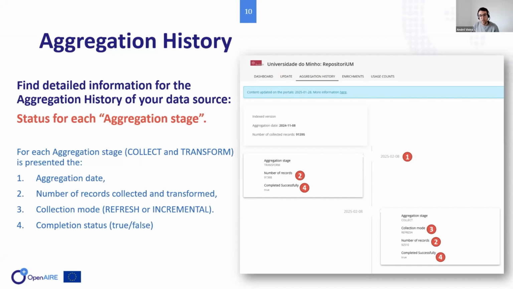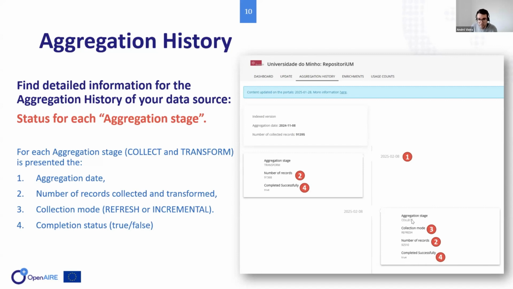And then OpenAIRE will transform this metadata information according to the OpenAIRE guidelines. And this way, following this example, we can see here the box below, aggregation stage, informing that it is the collect stage. The collection mode was refresh mode, the number of records collected, and the status of this stage, informing that it is completed successfully. Okay, because we have here the true value.